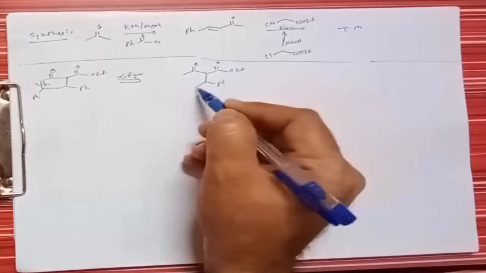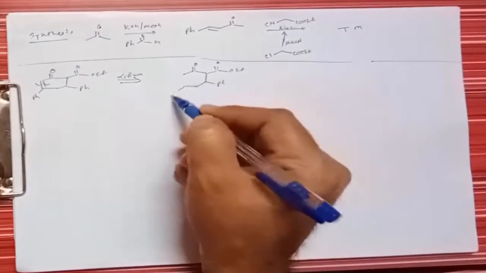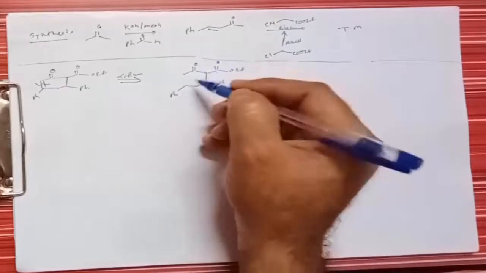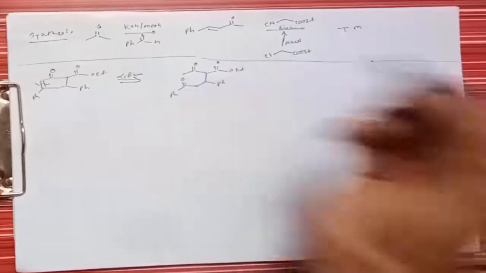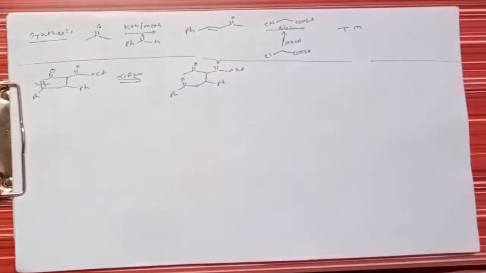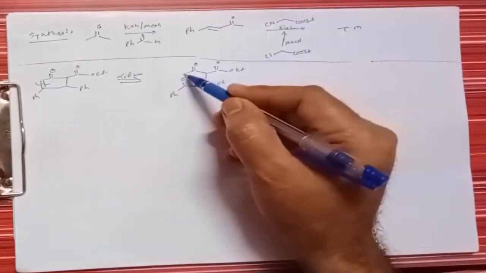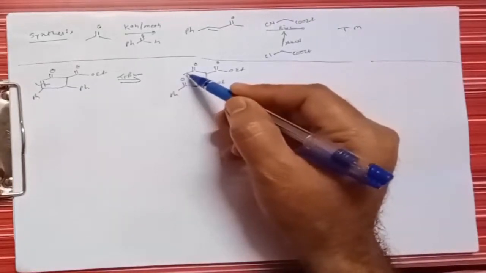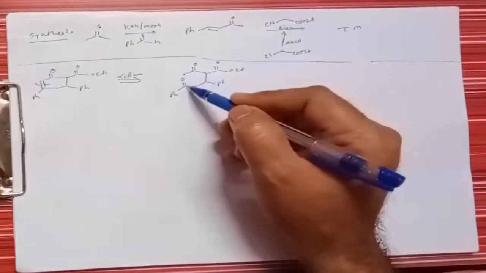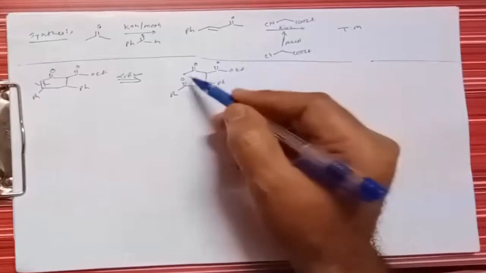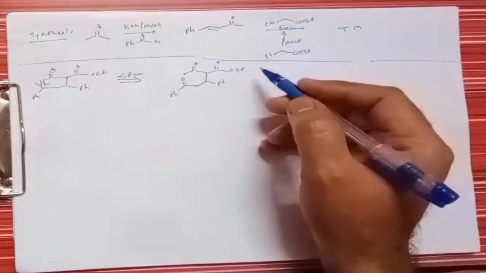So here is Ph, then CH2 Ph, right? And here is a carbonyl functional group. That means if you go for synthesis, the methyl group will have an acidic proton, the base will take the proton, it will react at this carbon and undergo an elimination reaction, and it gives such a compound.